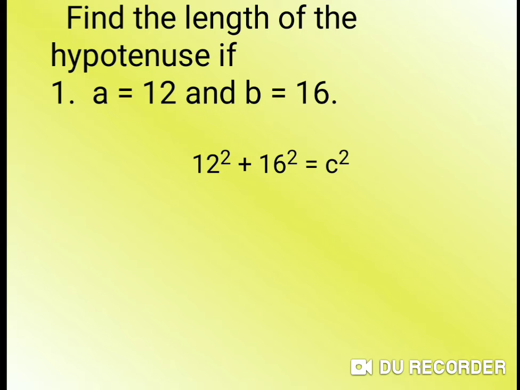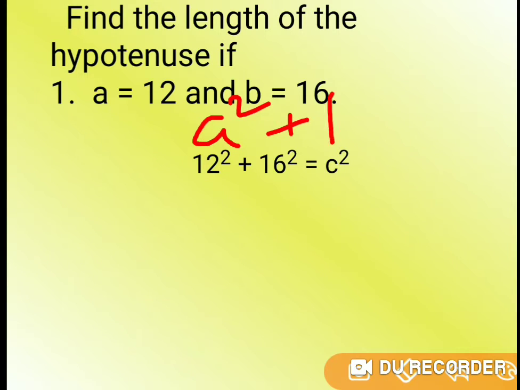So here, the same rule we are using: A square plus B square equals C square. A square plus B square equals C square.